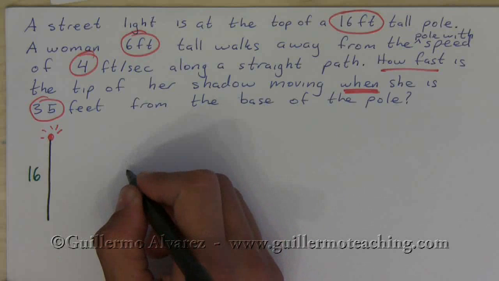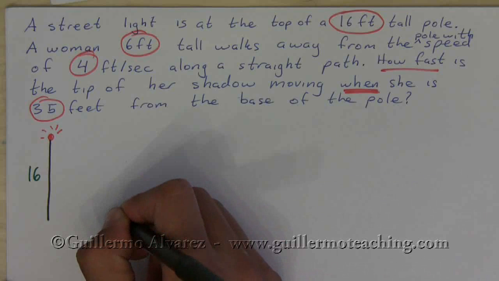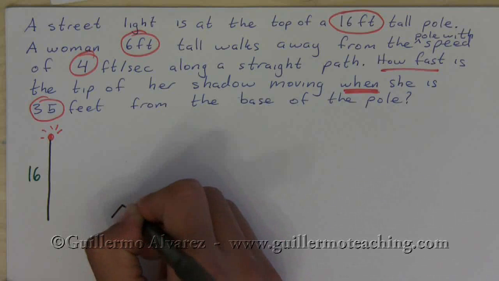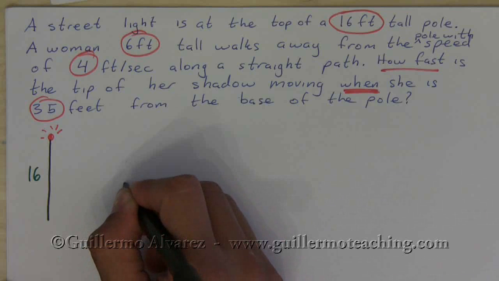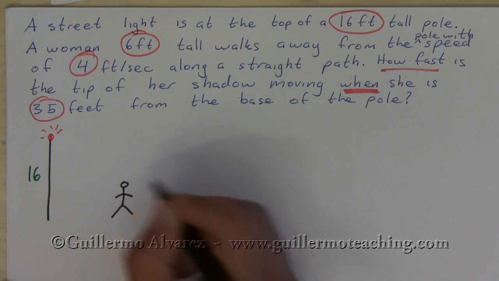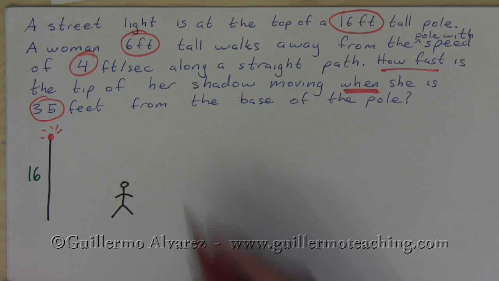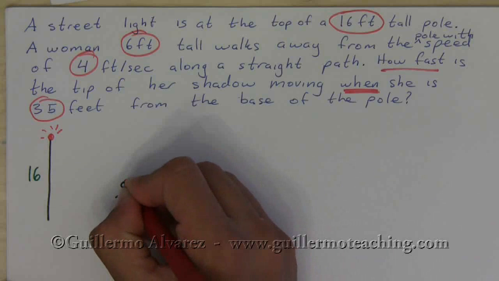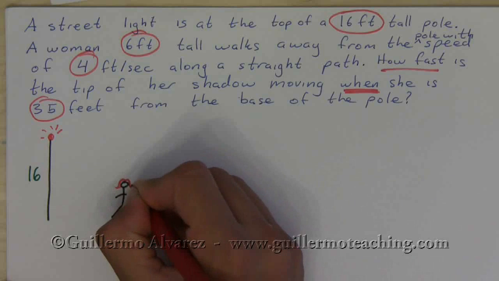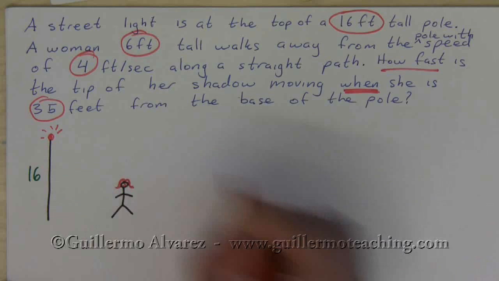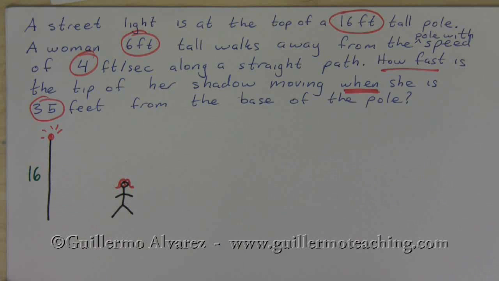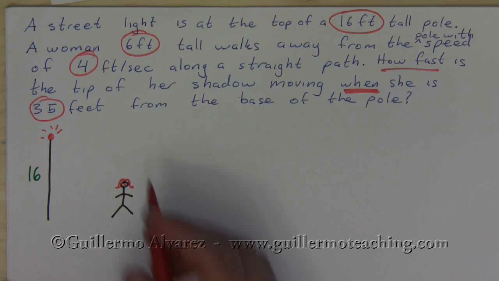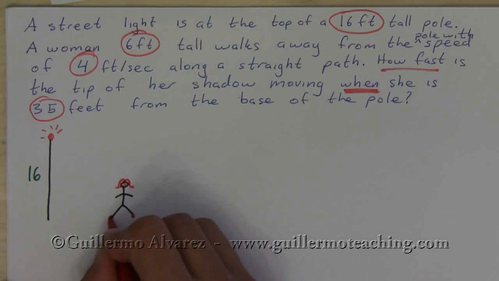And then we have the woman. And let's say she has red hair. And she's smiling. Now you can't see the smile, but she's smiling right there. And let's say she has red shoes.